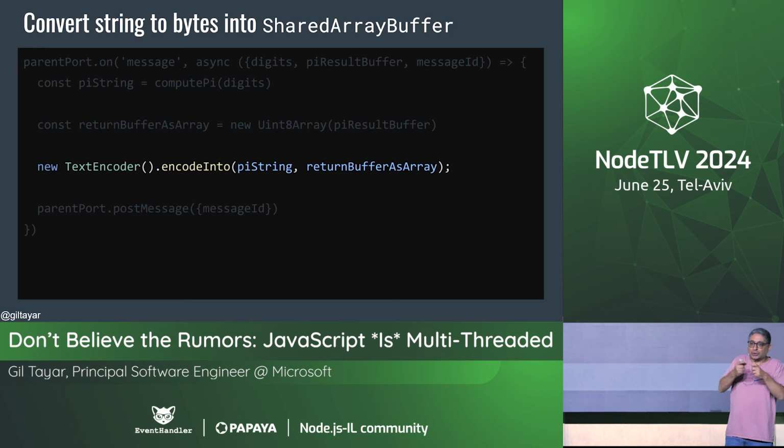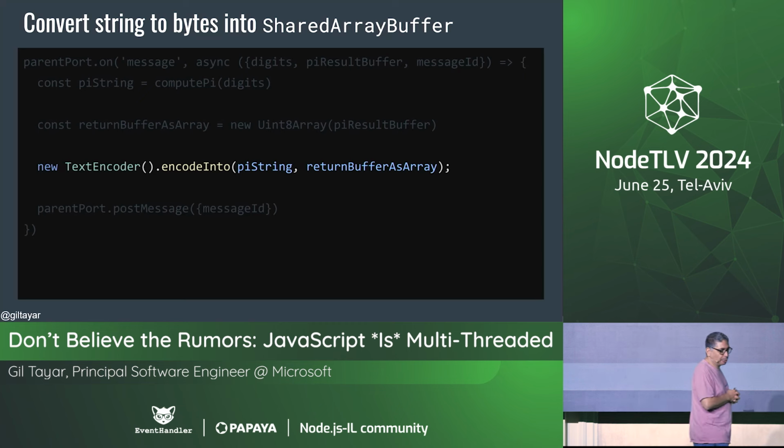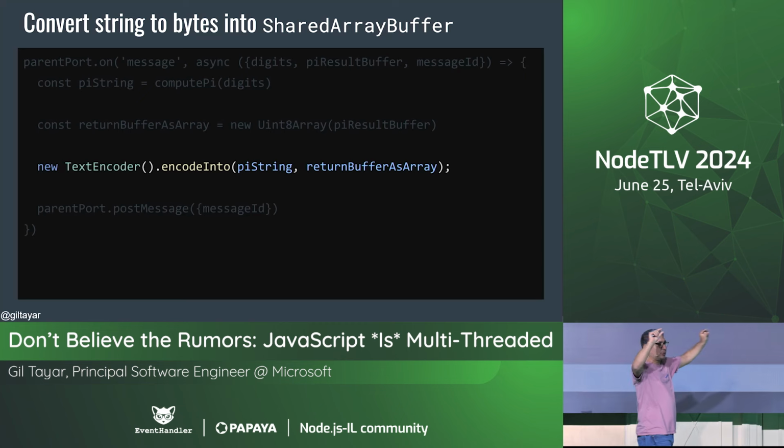Okay, now once we have that as an array, we can use text encoder to encode it into the buffer itself, and it encodes UTF-8, but in this case it's ASCII, so not a problem. The digits in the string are now digits in the shared array buffer.